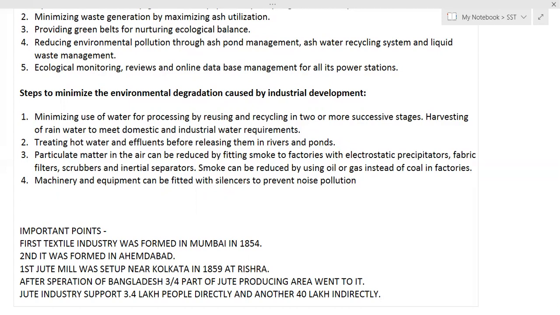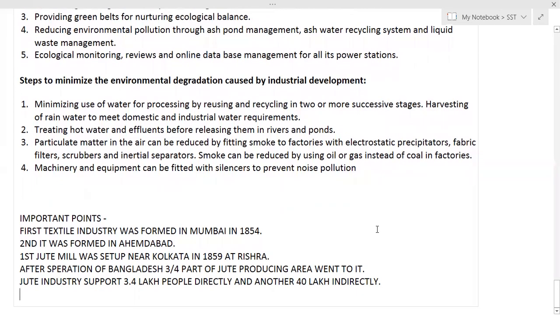Maybe you guys know it. In your agriculture sector, you must have seen, and you need to learn all those iron and steel plants. Let me tell you the full form of SAIL also.